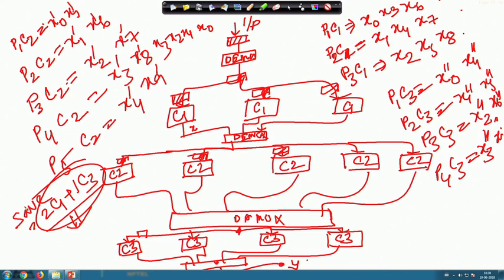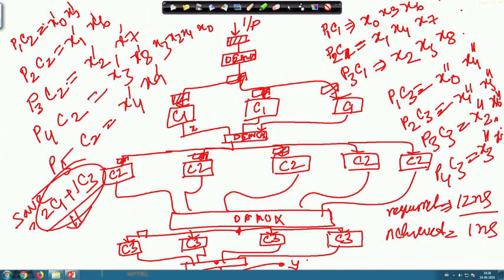Okay. So, initially we started with what? The clock period requirement for the initial black box was 12 nanosecond. Now, I have achieved a clock period equal to 1 nanosecond. Okay. And along with that, the blocks of 3 C1, 5 C2 and 4 C3.